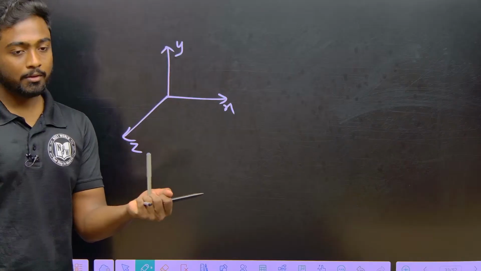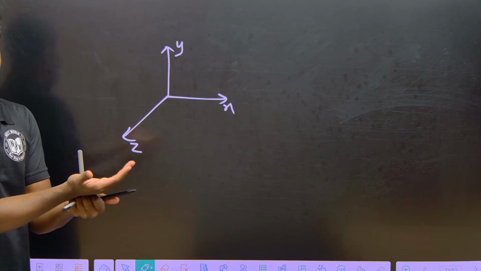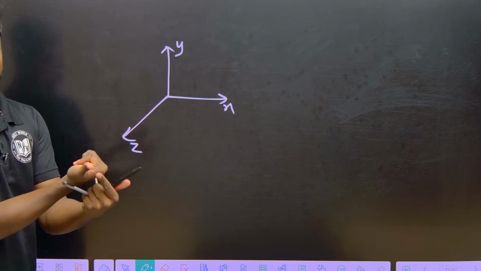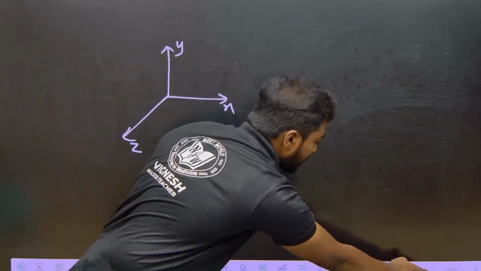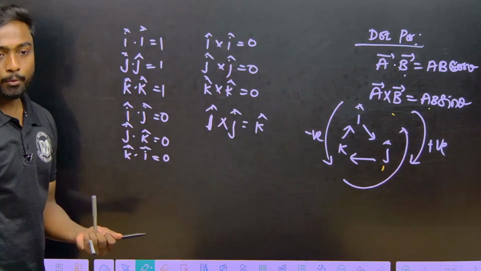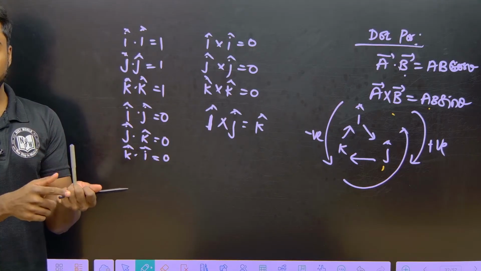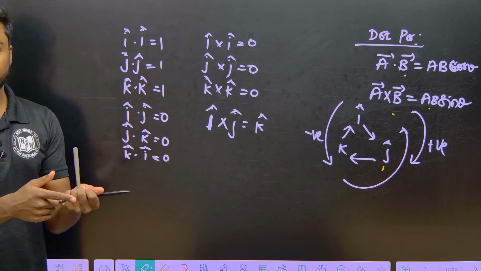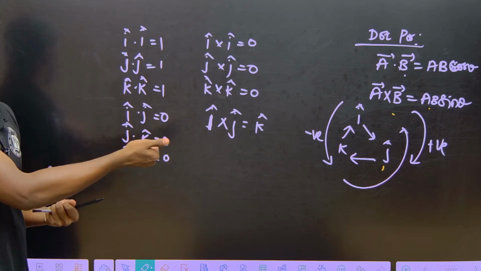I am starting from vector A, coming to vector B. The resultant will be in the z axis, that's why it is k cap. If I start from vector j and come to vector k, the resultant is i cap.